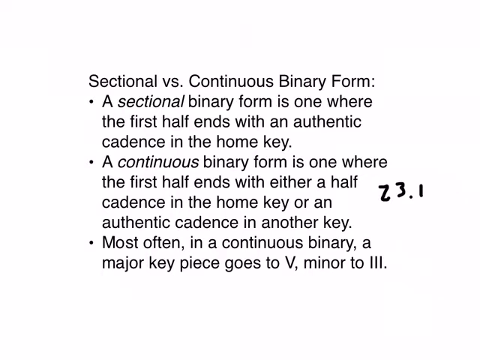Most often in a continuous binary form, a major key piece will go to the dominant, 5, and a minor key piece will go to the relative major, 3. To see a good example of this, look at example 23.3 on page 471. And here we'll hear the first section, which goes from D minor to F major.